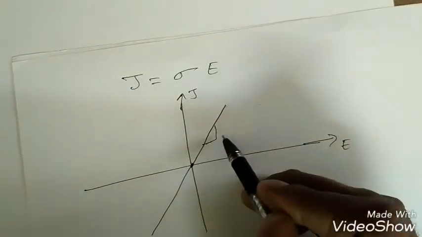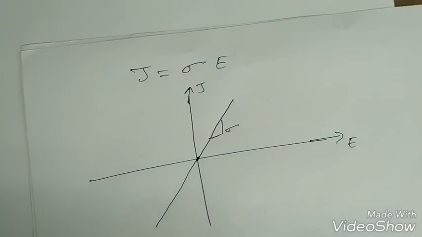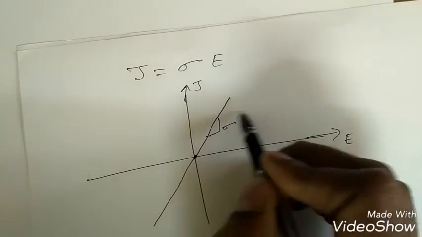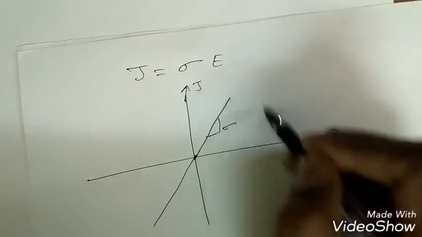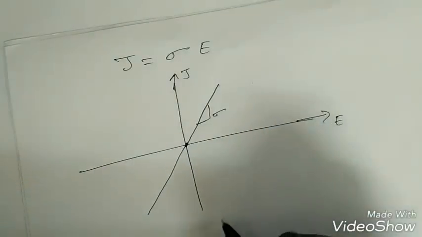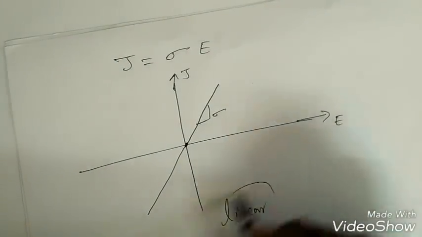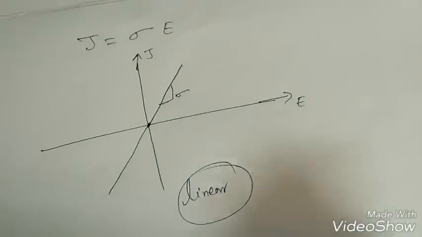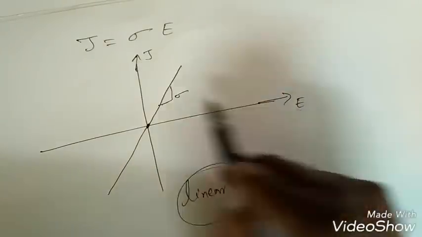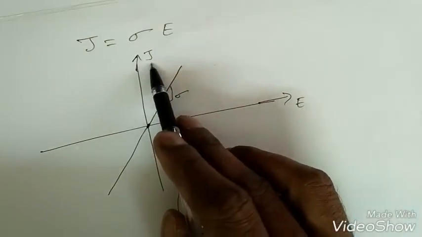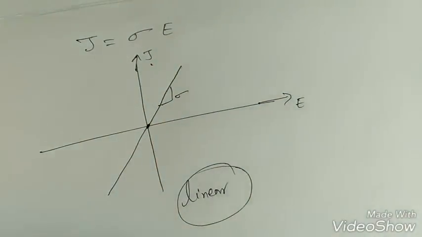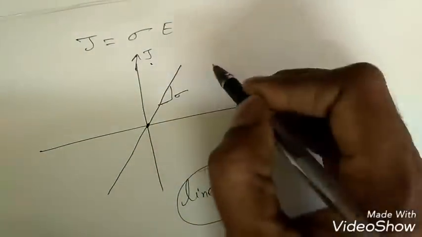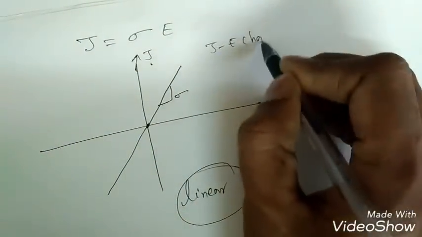And the slope is nothing but sigma. Sigma is always constant in this quadrant or this quadrant, so that is why it is called linear. As the applied electric field increases, the current density also increases proportionally. That is Ohm's law in field theory form, generally called the J-E characteristics.